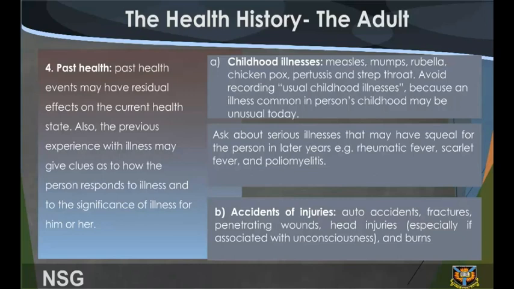Ask about serious illnesses that may have occurred for the person in later years, for example, rheumatic fever, scarlet fever, and poliomyelitis. B. Accidents or injuries: auto accidents, fractures, penetrating wounds, head injuries, especially if associated with unconsciousness, and burns.